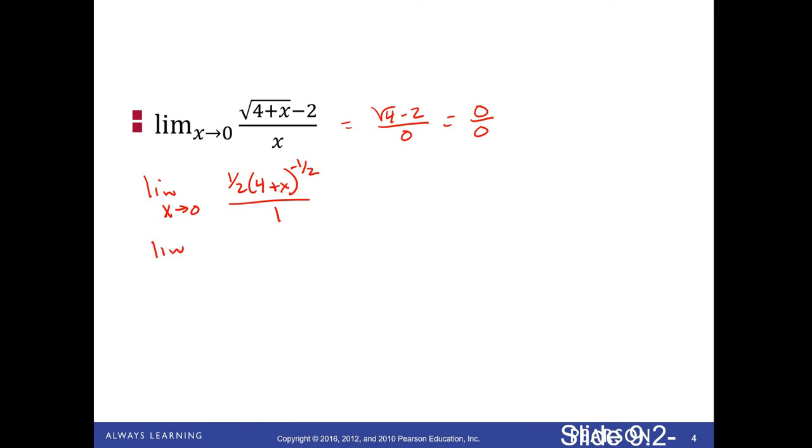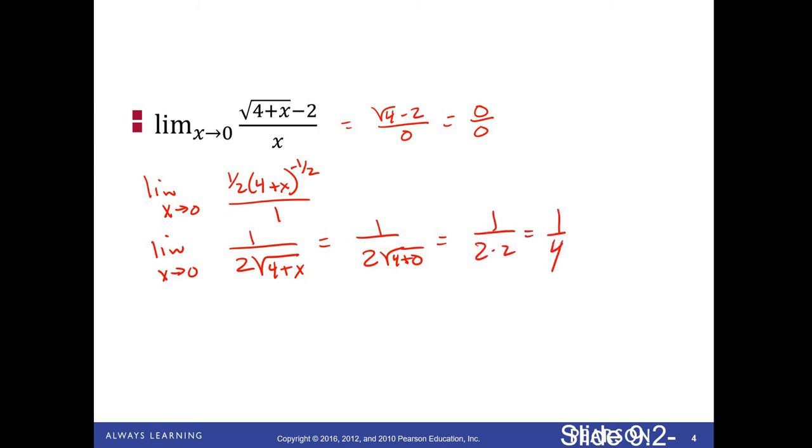I'm going to rewrite this as the limit as x approaches 0 of 1 over 2 root 4 plus x. And now using just substitution, I can actually calculate this limit, which is 1/4. So pretty easy to find the limit when we're dealing with an indeterminate form.